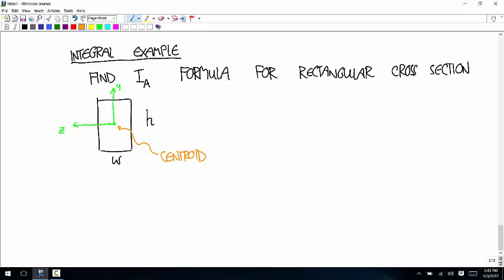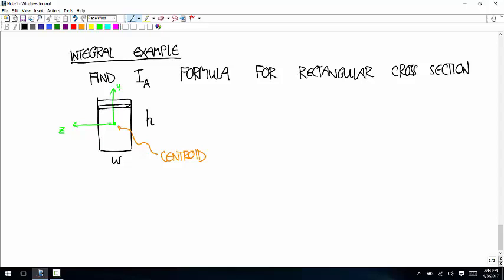The main trick in using any kind of integral definition is figuring out how you're going to break your object up into infinitesimal pieces. What we're going to do is choose these infinitesimal pieces where everything in the strip is the same vertical distance from the neutral axis.